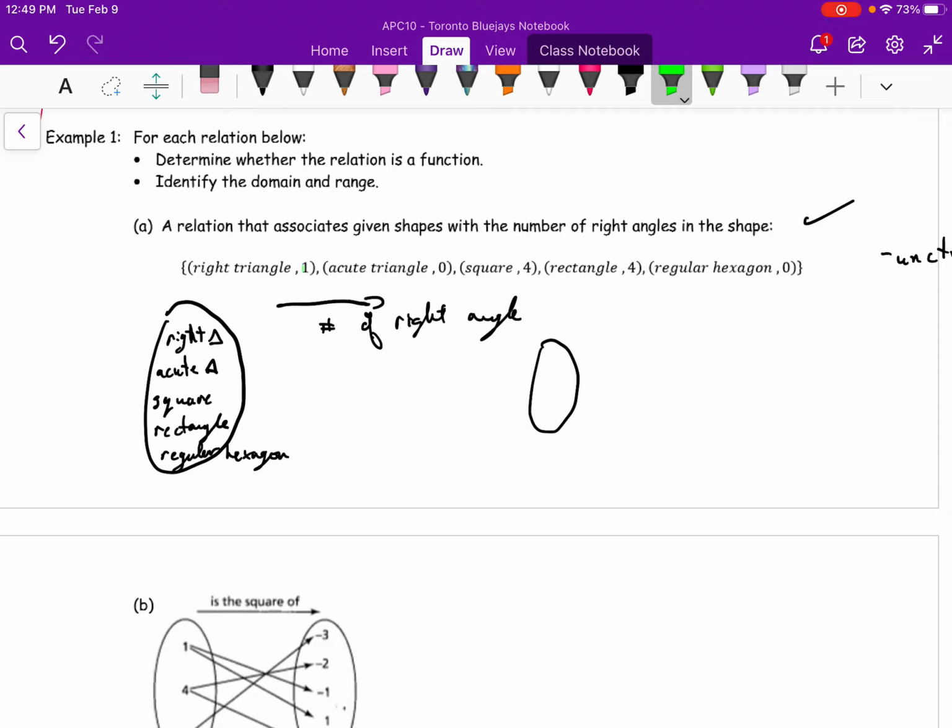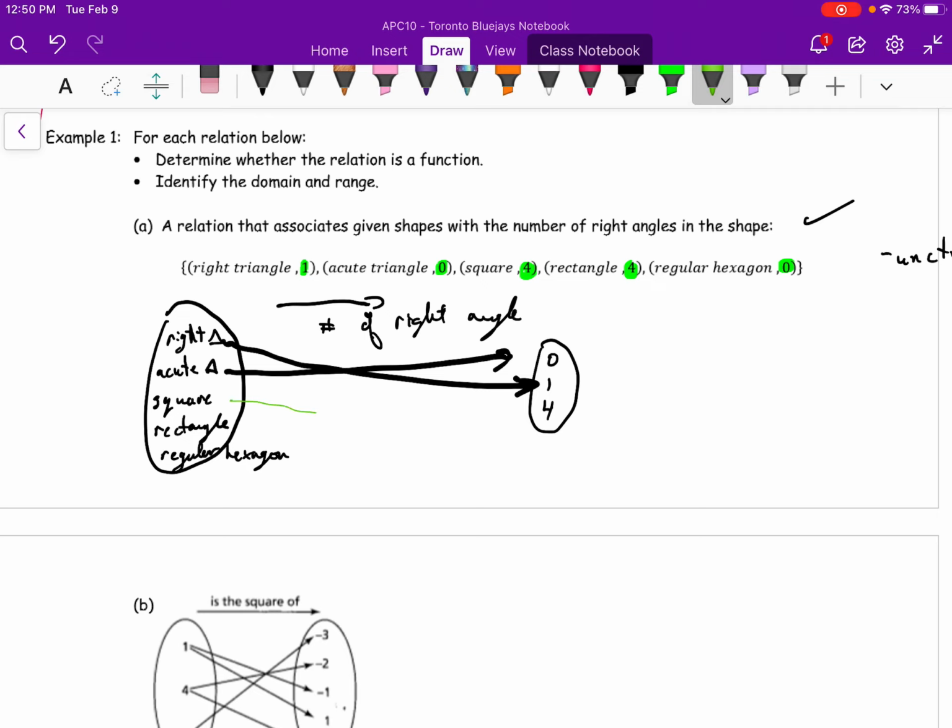And I noticed that the elements in my second set would have to include 0, 1, 4, and 0. Now notice that some elements duplicate, so we only need to write them down once. So a right triangle has 1. An acute has 0.